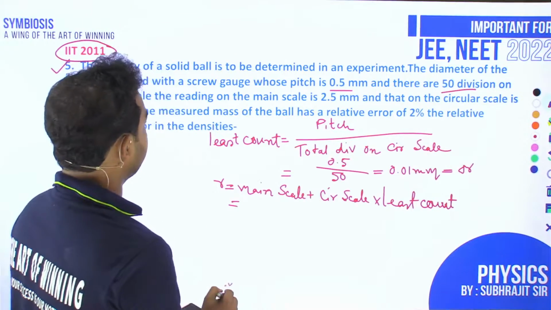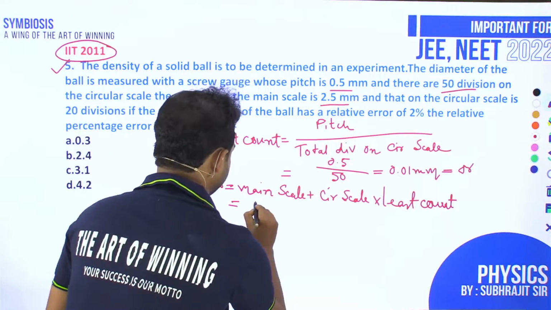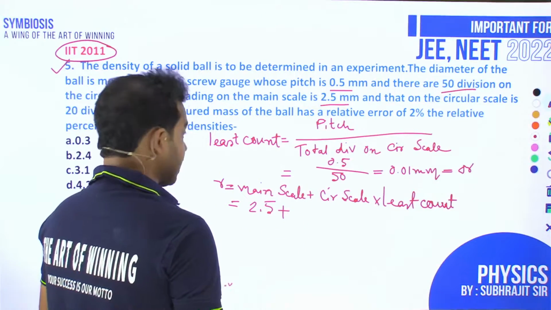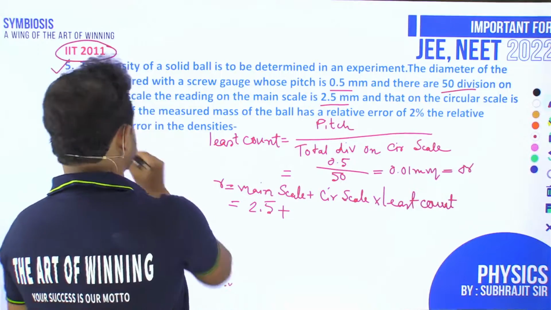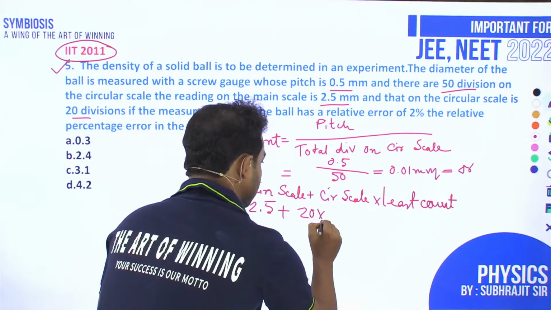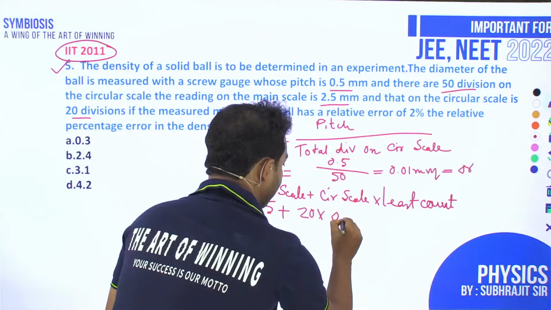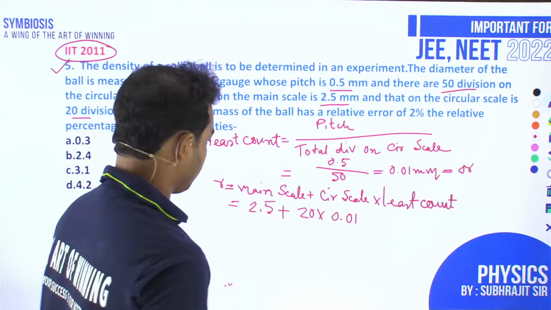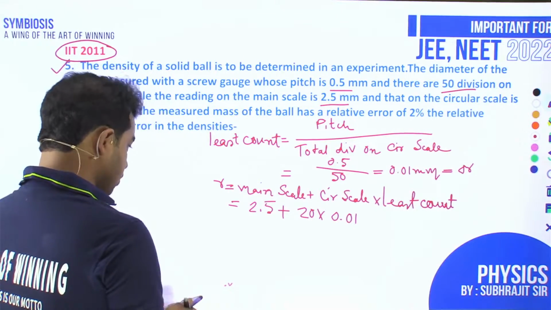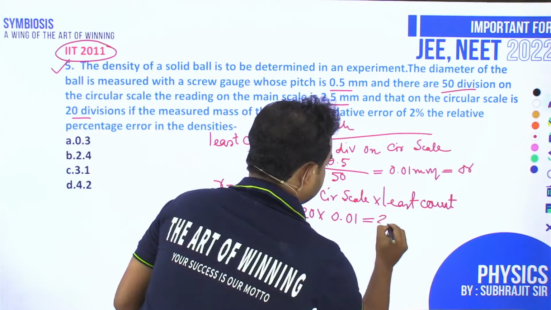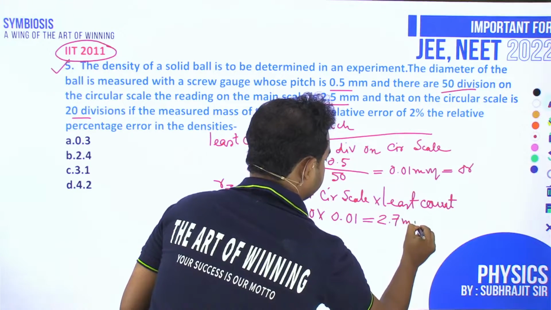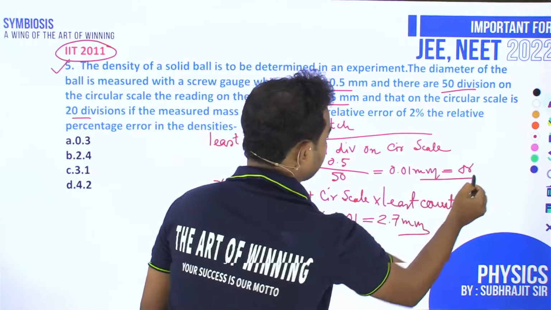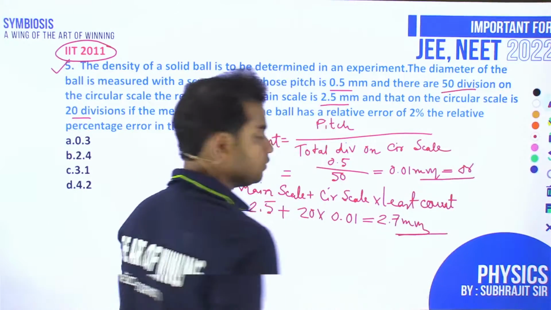Main scale reading is 2.5 mm. Put 2.5 plus circular scale division 20 into least count 0.01 mm, which we already found. So here we get 2.7 millimeter. So we already have del R as well as small r.